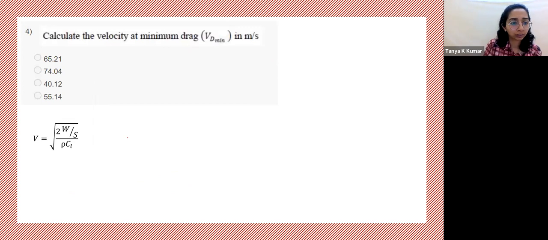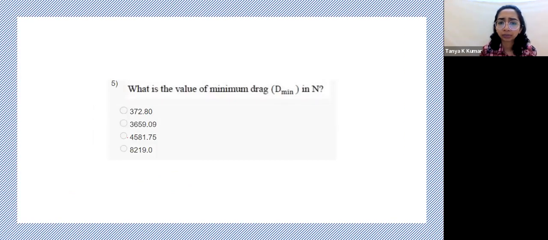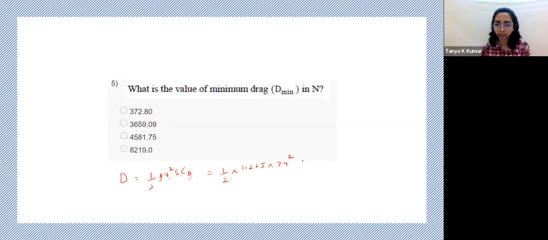So this is the equation that we used. Now, what is the value of minimum drag? The equation for drag, or any aerodynamic force for that matter, is half rho v square S CD. So CD we just calculated in the previous question, that is question number 4. S is given, rho is given. So let's do that. 1.225, V was 74 point something square.